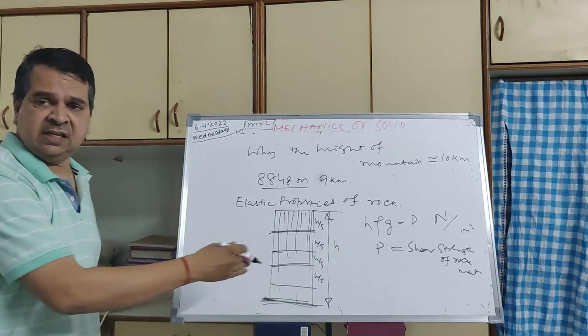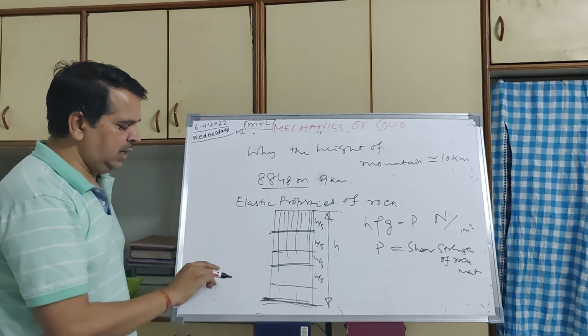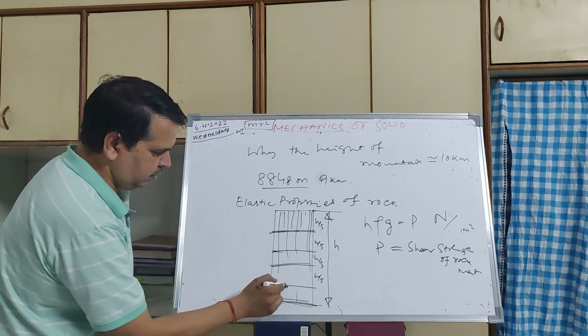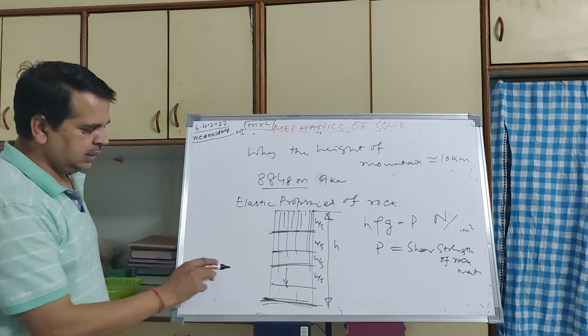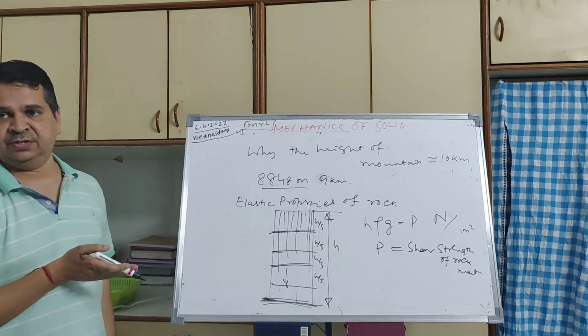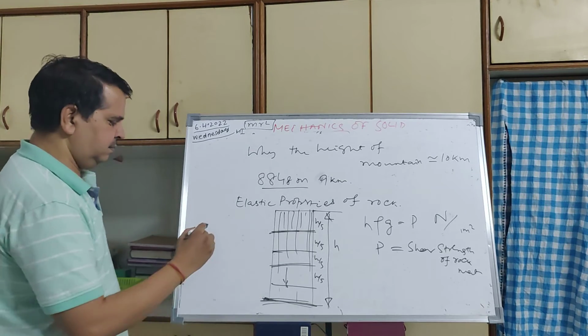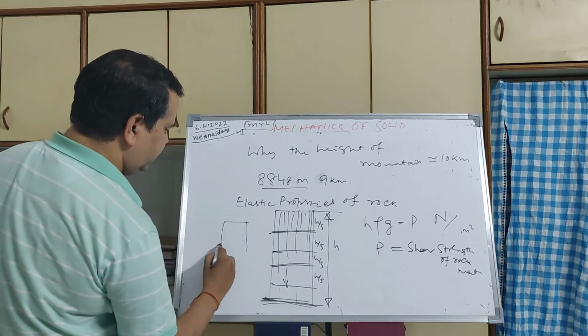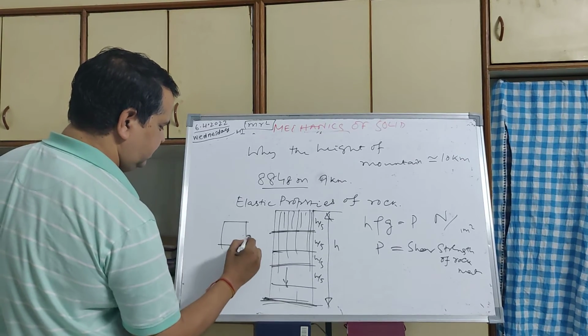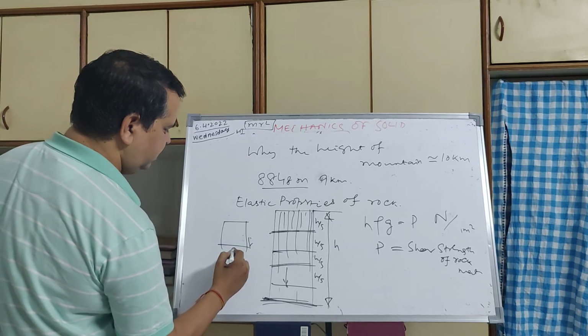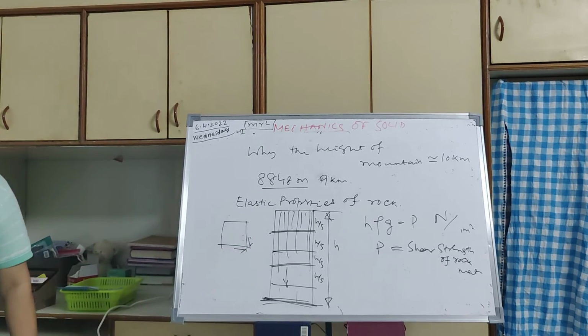When both sides are free, the same load will act as shear also. Whatever load is acting in this direction, the same acts on that side, because it has to be balanced. If you take any element with a load in this direction, it has to be balanced like this, otherwise there will be imbalance.